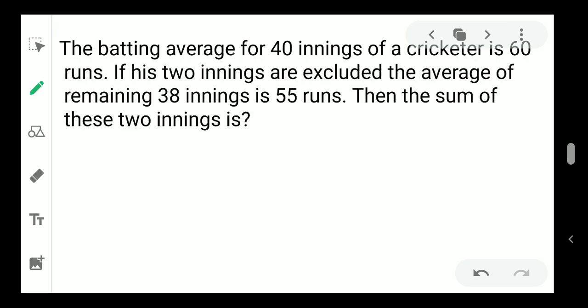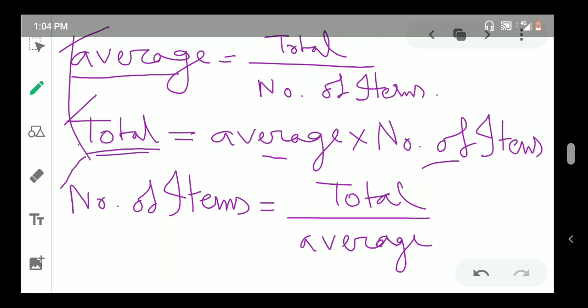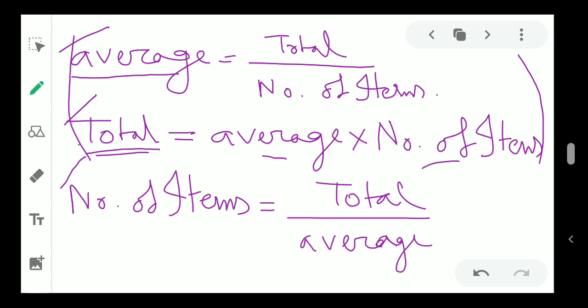So what we can do in this case, when you have to find out the medium part, see the question, then the sum of these 2 innings, like that leftover 2 innings. In this case you have to find out the total at first. So you remember this formula, that is the total. These 2 formulas are important mostly. So the total is your average into the number of items.